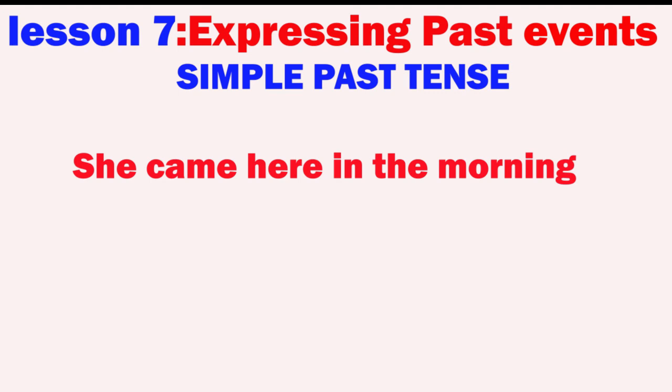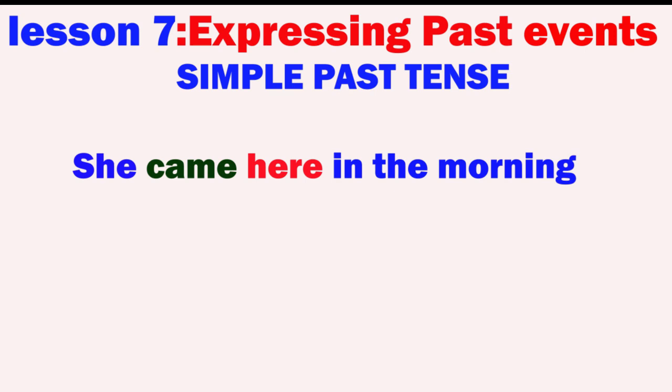You can see the subject there is she. The verb is came, which is in irregular form, and then the indicator, which is in the morning. It means that you can say that sentence, for example, in the afternoon or in the evening, to show that the action of coming has already passed.